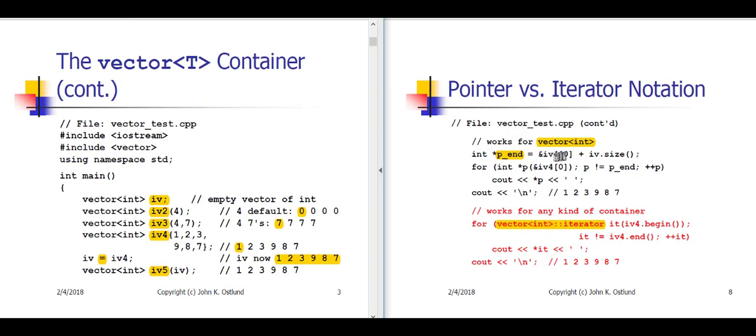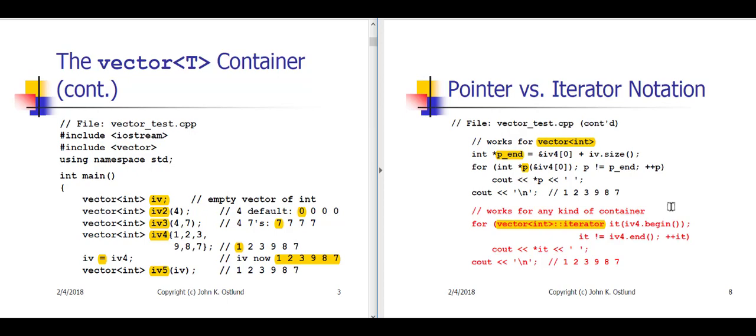Therefore, the address of IV4 sub-0 plus 6 will be a pointer to the int that is one past the last element of IV4. That is, a pointer to an int that is one past the 7, which is the last element value. And in our for loop here on slide 8, we're using a pointer object, P, to step through and point at the successive elements of IV4.